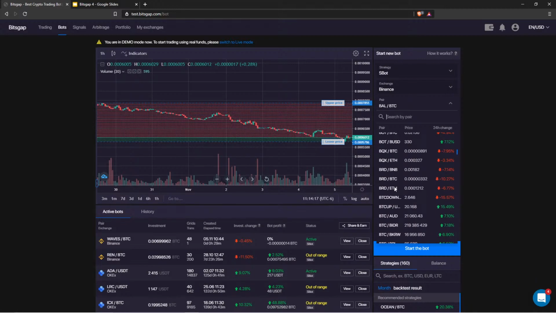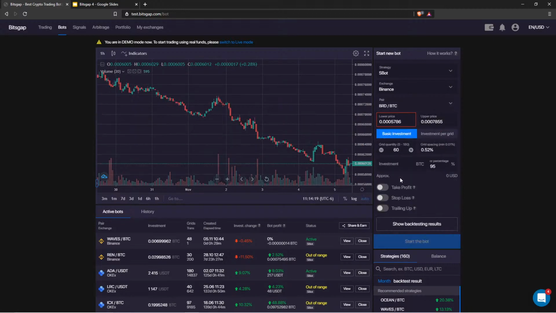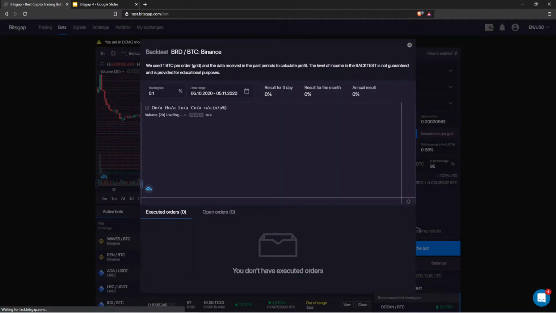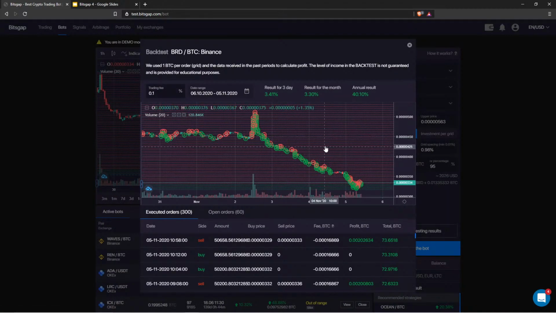Let's say BIRD trading to BTC. Let's backtest it with 60 grid levels, show backtesting. So you see the market was also falling, but even though it was falling, compared with the previous cryptocurrency that we've just checked, the profit generated during this period of 1 month was 3.41%.